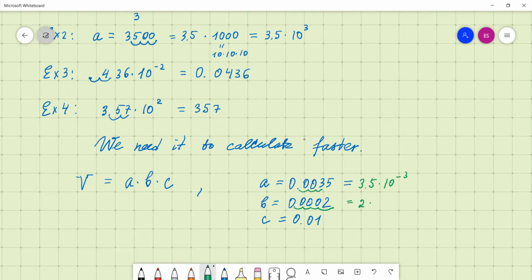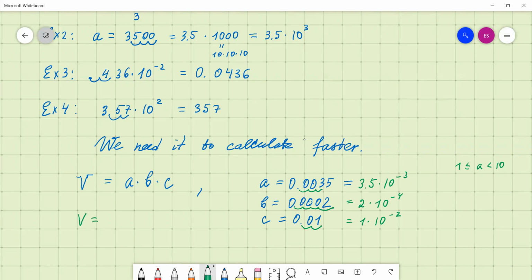So we're going to write 2 by 10 to the negative 4. Again, when you go to the right, it's going to give you a negative power. And the last one is going to be just 1, 2, right? So it's 1 by 10 to the negative 2. Again, our number here is supposed to be between 1 and 10. Okay, now I'm going to substitute them into the formula and calculate the volume.